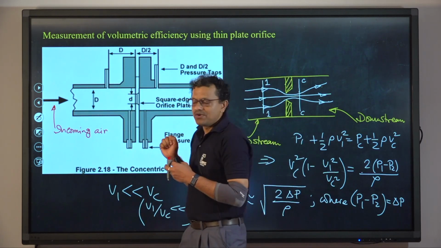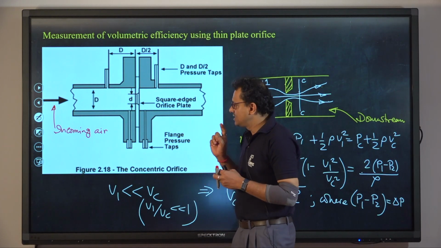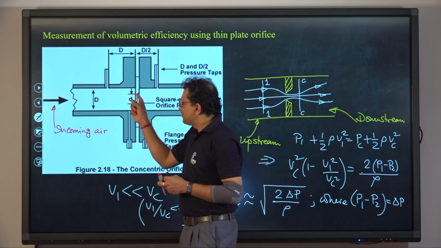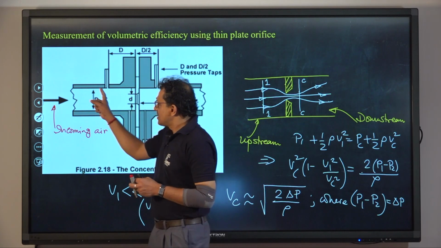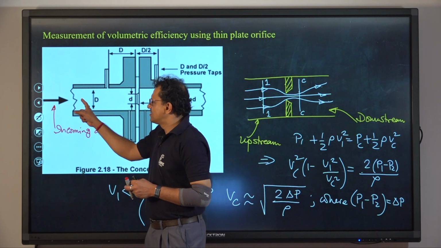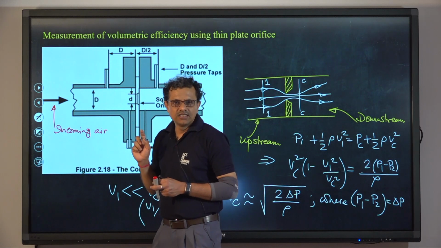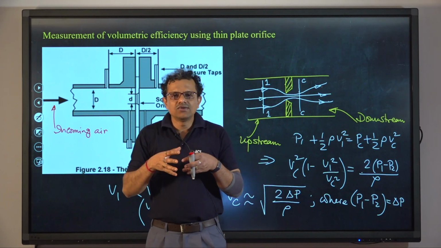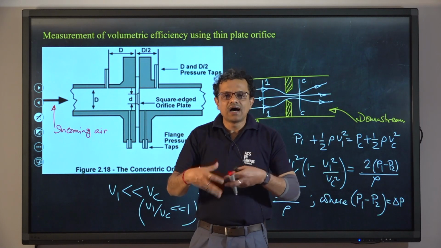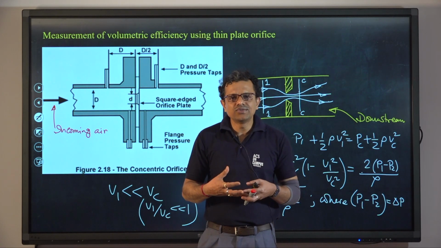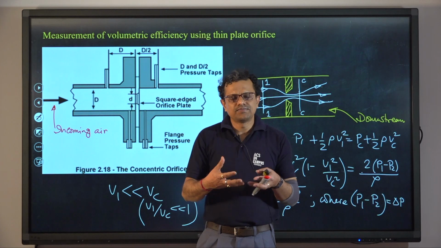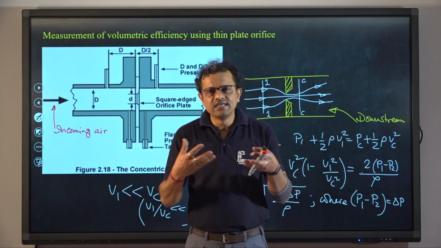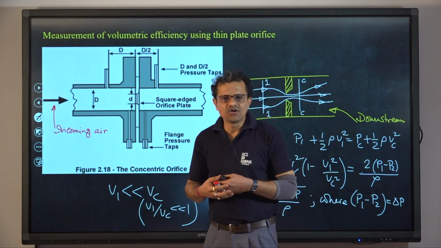That is one of the important issues that you should keep in mind: before using this device, a large tank should be integrated to this device on the upstream side, essentially to minimize or remove unsteadiness associated with the airflow, which is very much true for flow of air during the intake stroke of an internal combustion engine.